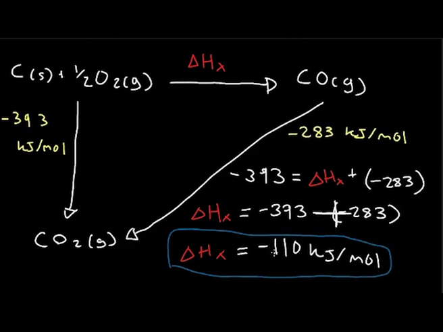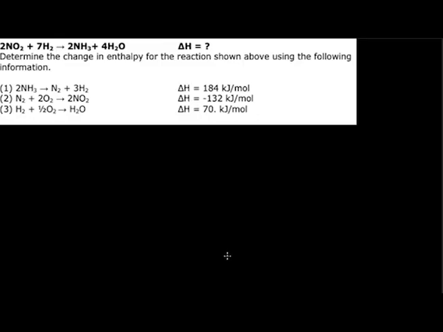Let's look at another example. In this specific problem, they want us to determine the change in enthalpy of the reaction shown above using the following information. We're given three equations and their change in enthalpy, and asked to find the change in enthalpy for this equation.